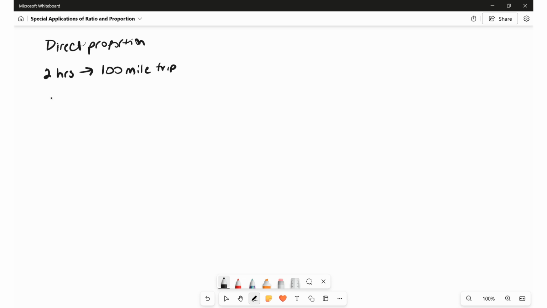Well, at that same speed, how long would it take us to make a 400-mile trip? So you can see this is clearly a direct proportion. Longer mileage, it's going to take us longer to get there, right?